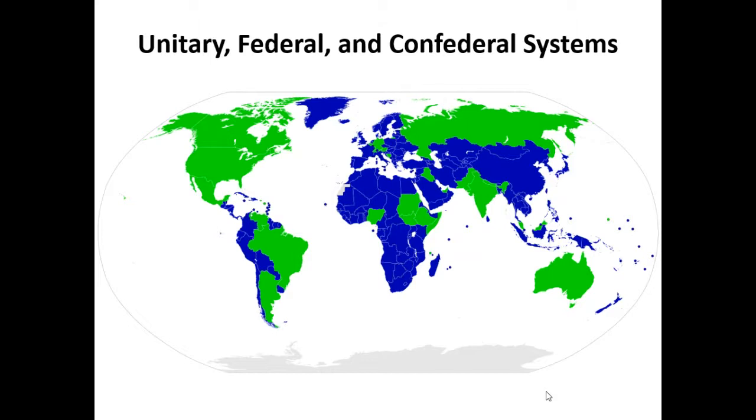So you got a lot of territory and you got a lot of people to govern. And it's really not practical to think that all that territory and all those people could be governed from a central location. So whether we're talking about unitary systems or federal systems, you're going to have some sort of arrangement where you have a central government and then regional governments. Okay? As I said, though, the distinction is in what the nature of that relationship is.